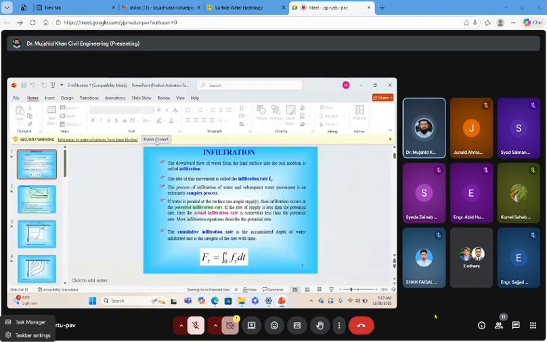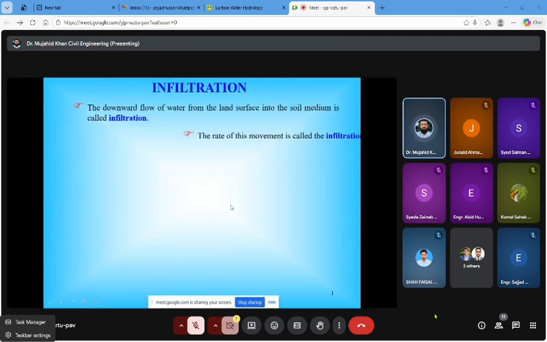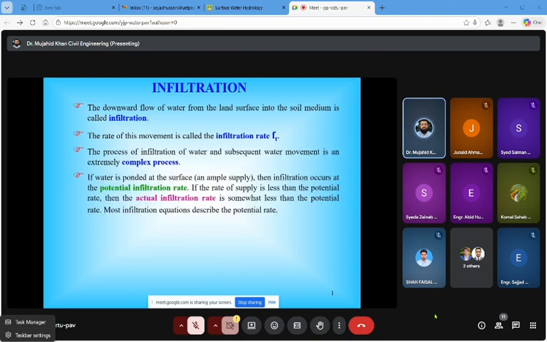Infiltration, as I have discussed, is the downward flow of water from the land surface into the ground. But it changes with the passage of time. Initially, when the soil is dry, the water will move quickly into the ground, and when it is partially saturated, the movement will slow down. That is why it is normally measured as the rate of infiltration, the infiltrated water per unit time, represented by f(t).